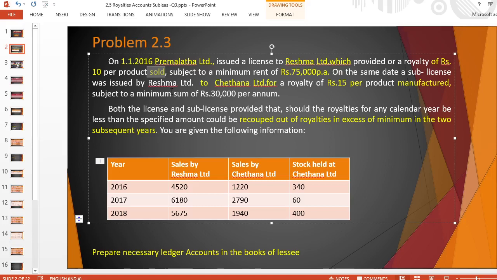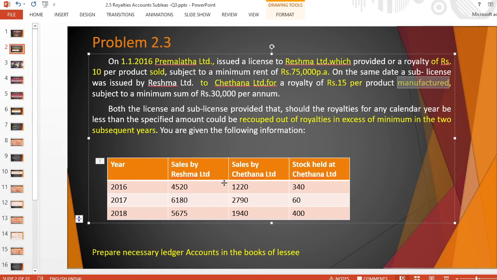You should remember the major adjustments of this problem. The first adjustment is that the main lease is based on the sales and the sublease is based on manufacture. In this case, no need to pass a separate adjusting entry for royalty receivable and royalty payable account. That you should keep in mind. And the second thing, they have given the sales of lessee and sublessee.